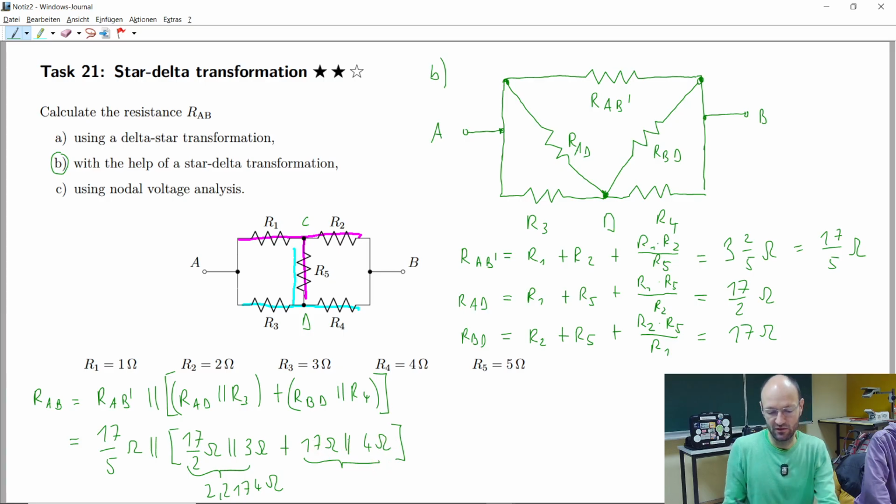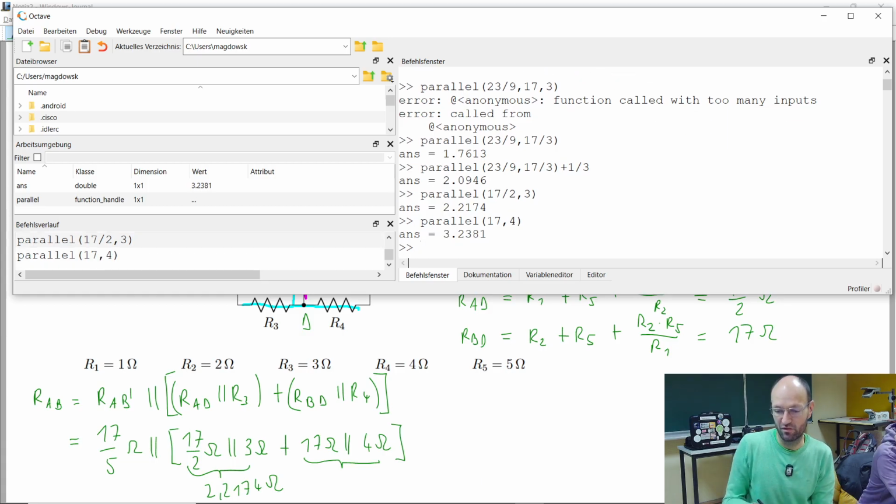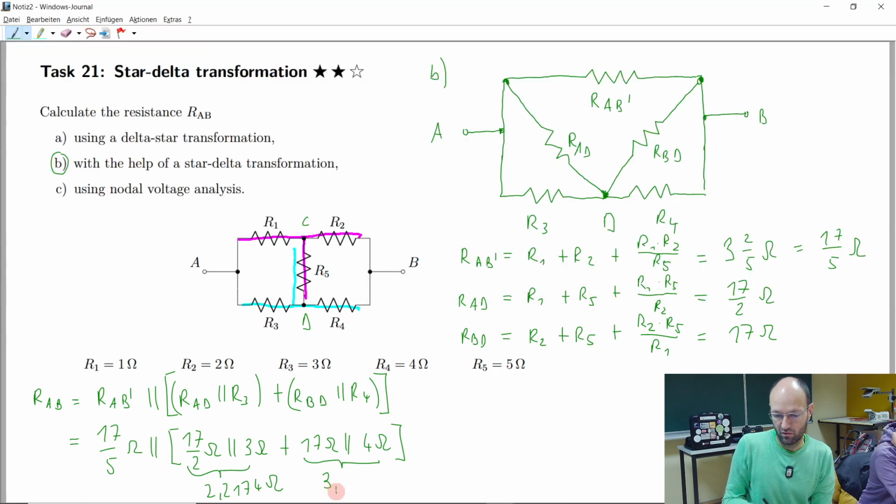So here, yeah, you could almost do it still by calculation in your head, but as said, not at this time of the day. So 17 and 4 gives us this 3.2381 ohm. So now the series connection of this and then in parallel to the last one.